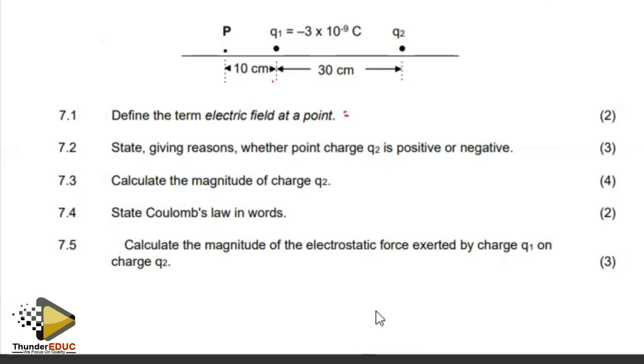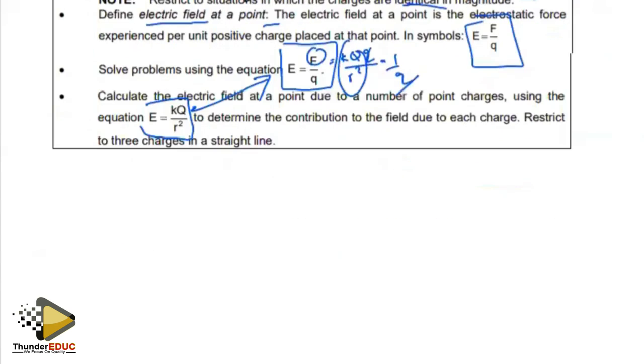Then define the term electric field at a point. Remember what we said? This is the electrostatic force experienced per unit positive charge placed at that point. You can just go back and read our definition.